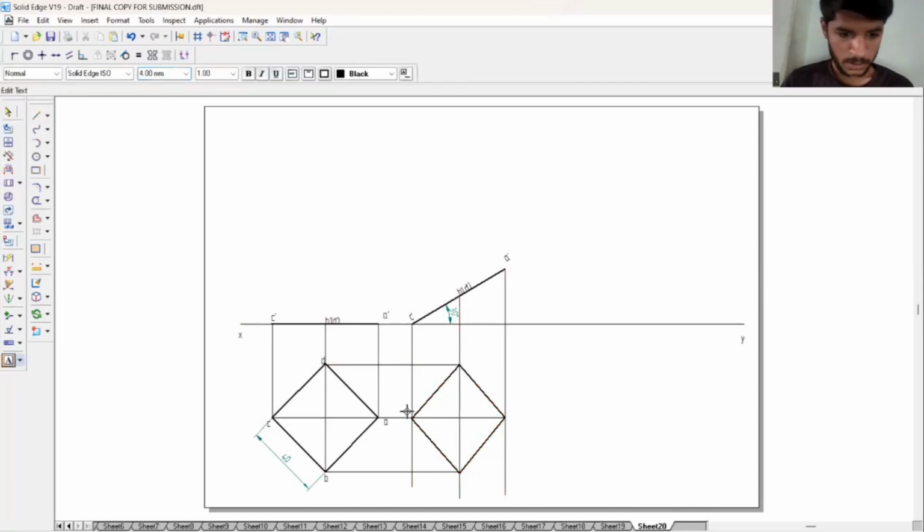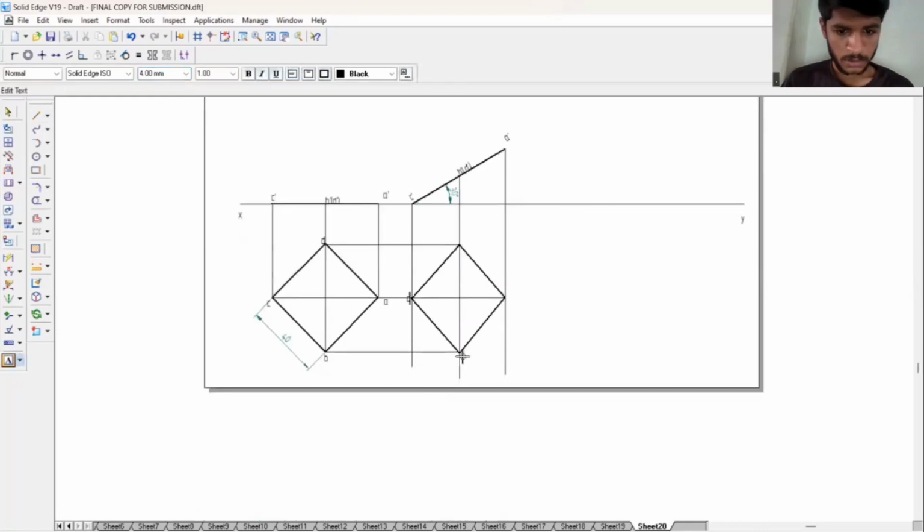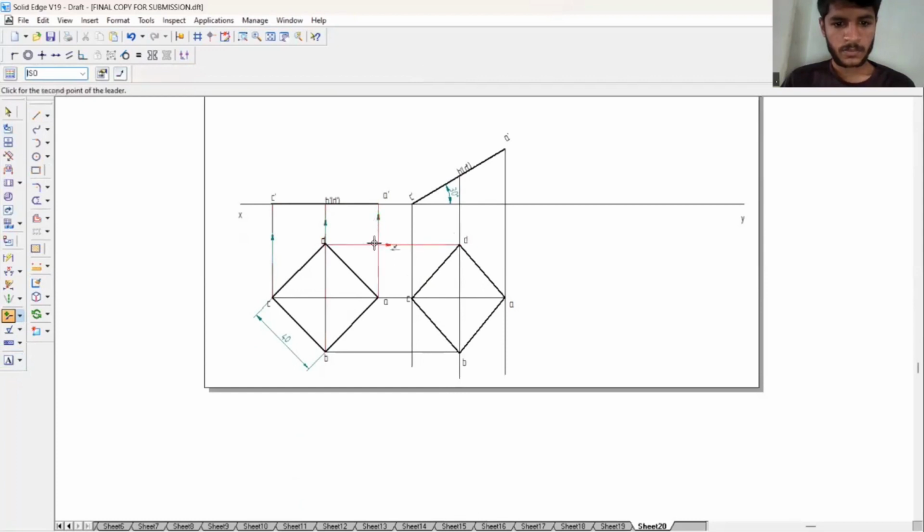Let's give the text: C, B, A, and D. Now let's show the directions of the line.